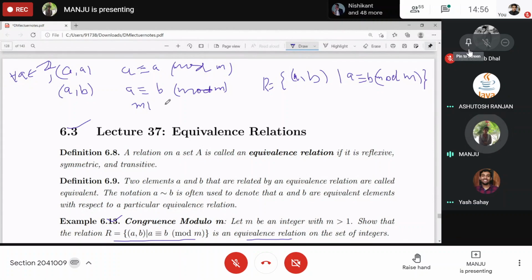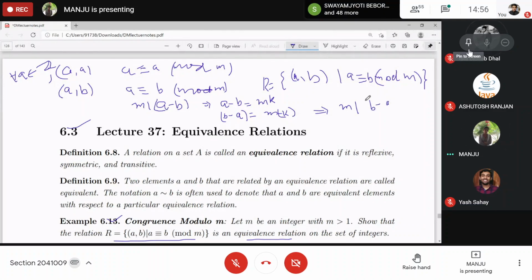So M divides A minus B, which means A minus B is a multiple of M for some integer K. Multiply by minus on both sides and you get B minus A is equal to M times minus K. Now my K is an integer, so minus K is also an integer. So B minus A is a multiple of M. Can you say M divides B minus A?